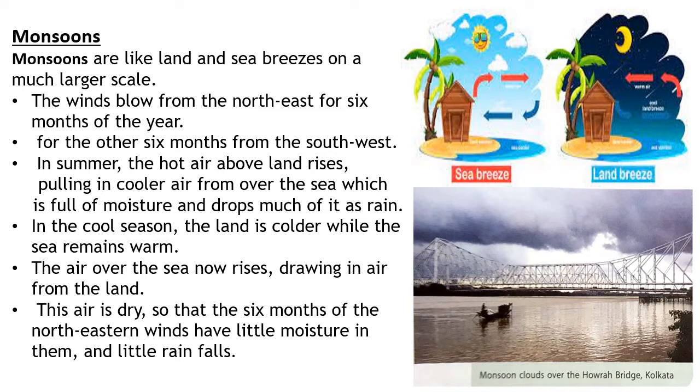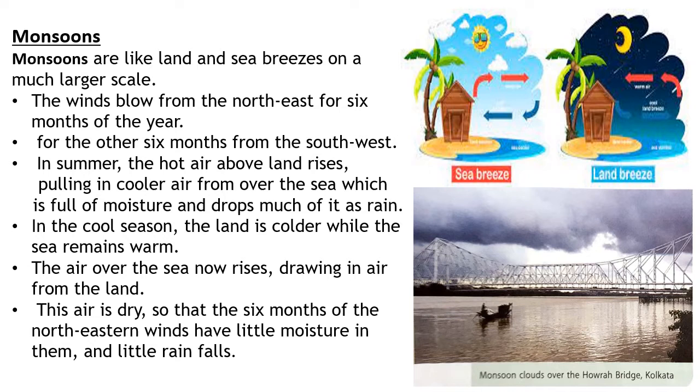During the night, the land becomes cooler faster, while the sea remains warm. When the land becomes cooler, the air moves from the land towards the sea. While the sea is warm, the air above the sea moves towards the sky, and this cycle goes on.